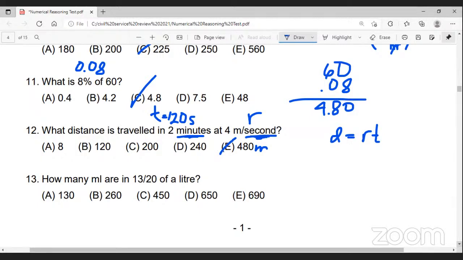Liters. The basic is liter. Deci, centi, milli. Going to the bigger unit of measure, deca, hecto, kilo. Okay, so what's the equivalent of 13 over 20 liters?